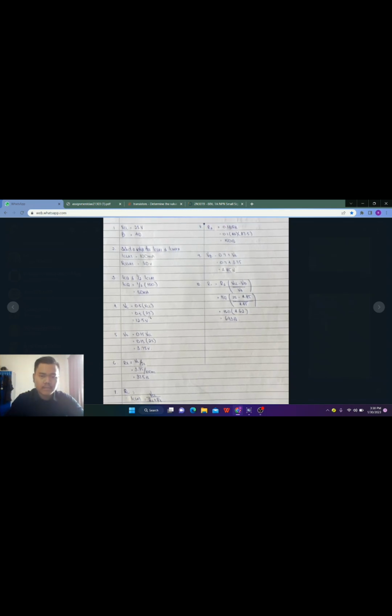For number 4, find the VC value. The formula is 0.5 times VCC, and the answer is 12.5 volt. For number 5, find the VE. The formula given is 0.15 VCC, so the answer is 3.75 volt.